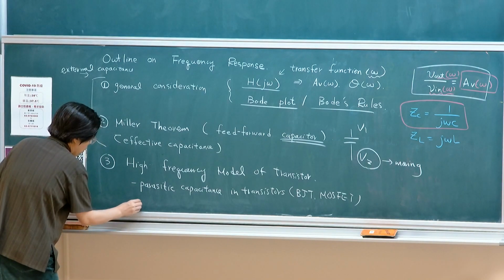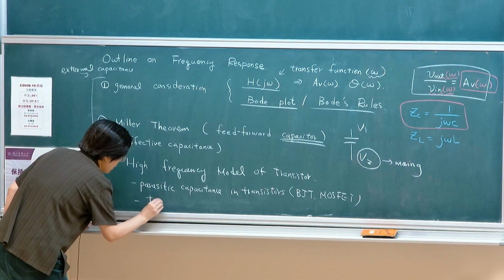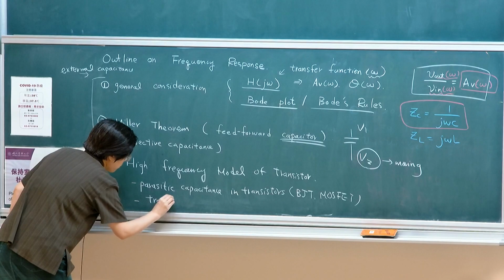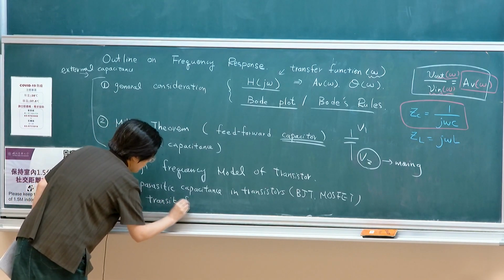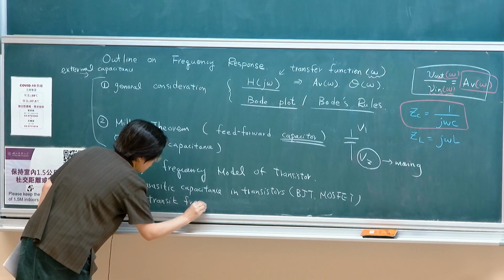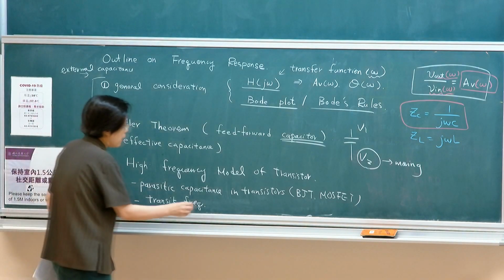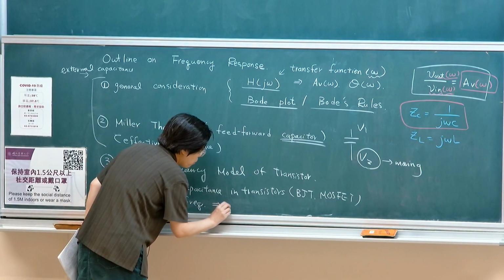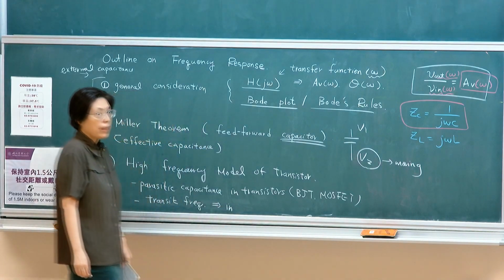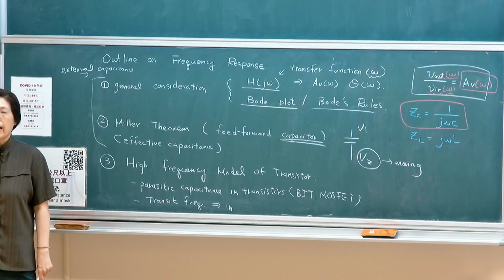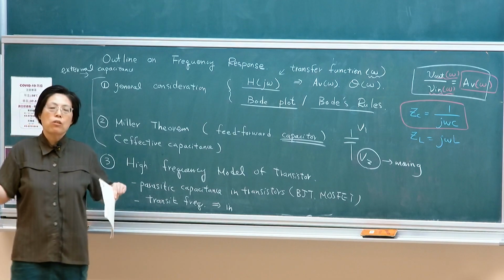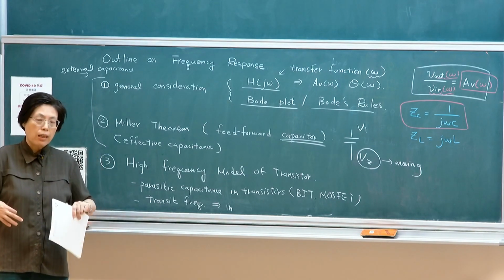And then we're going to talk about something very important, which is called the transit frequency. Remember we talked about the intrinsic gain of a transistor, meaning that if you're not limited by external circuit, what is the ultimate gain?